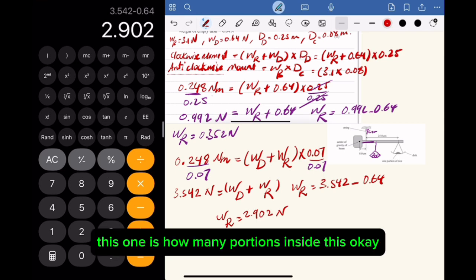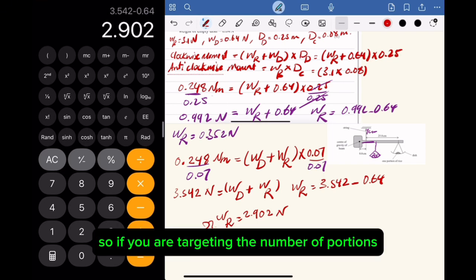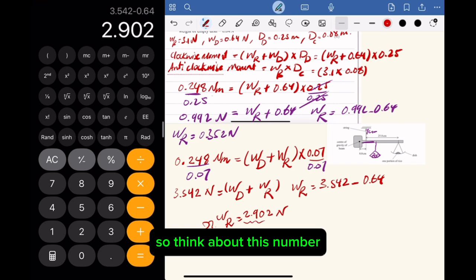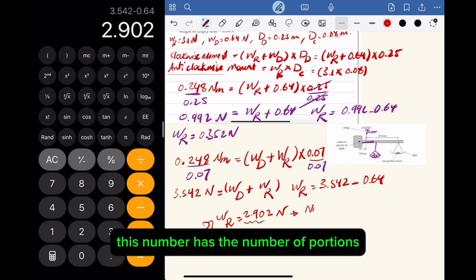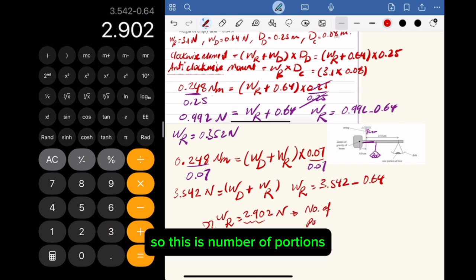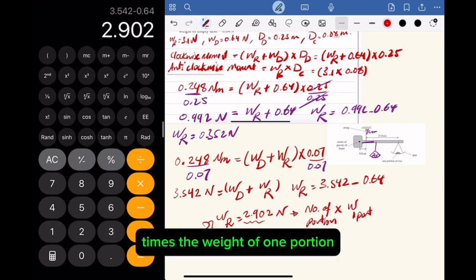Okay, how many portions are inside this? If you are targeting the number of portions, think about this number: it is the number of portions times the weight of one portion.